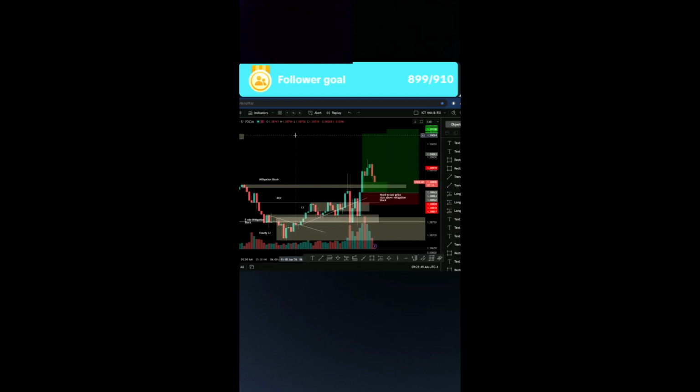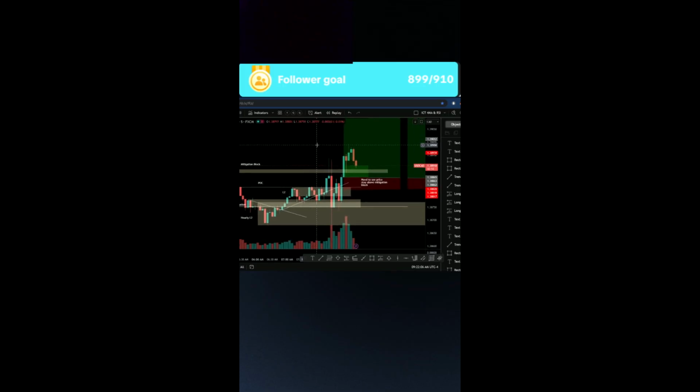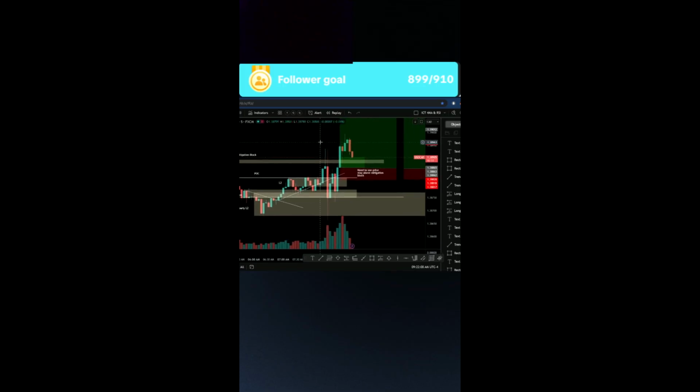What's CAD doing? CAD's turning over. CAD's waiting for that 930 open to finish its move. So we may see a move to this fair value gap.